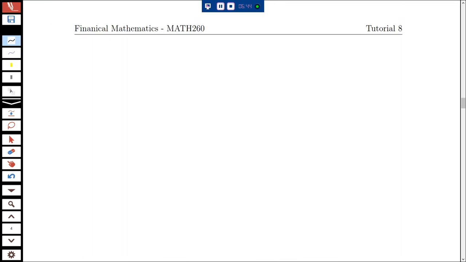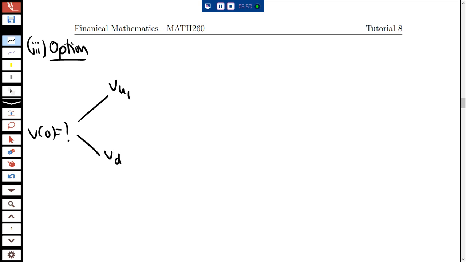Okay, so like I just said, I'm going to build the binomial tree for the option with this particular payoff structure. Just the same as before, step 1, it could go up or down. I'm going to call them U1 and D1.